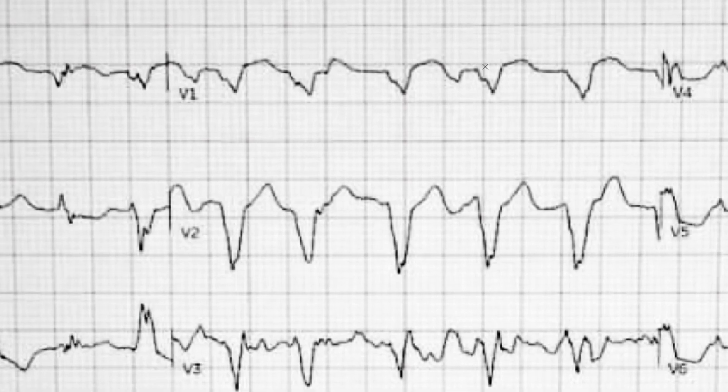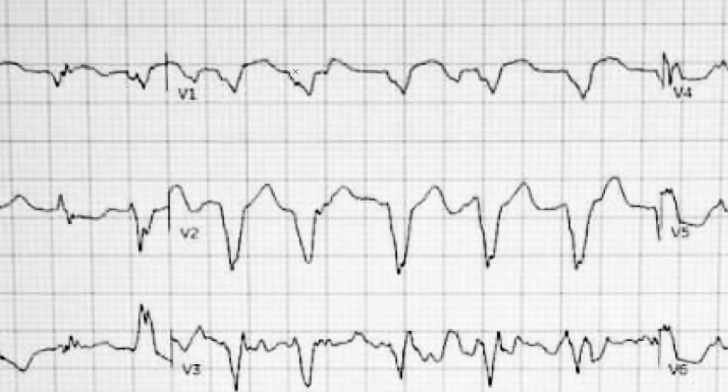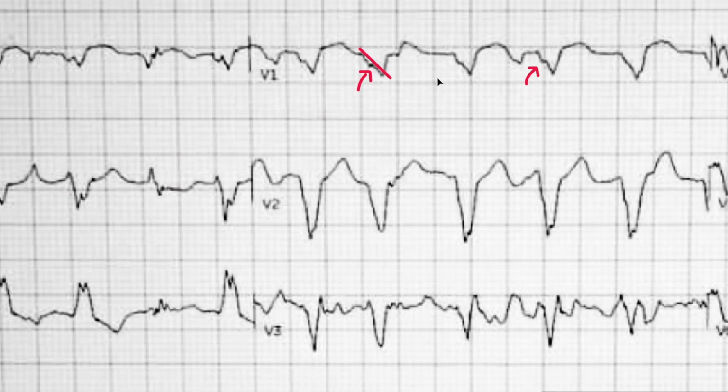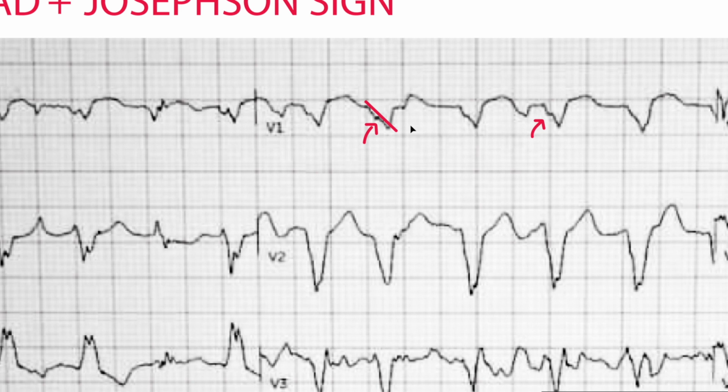See this notching here? See this little notch as this deflection is happening? So it's not a straight line, there's a little protrusion. That little notch is called the Josephson sign. And finding that sign in leads V1 or V2 highly favors the diagnosis of ventricular tachycardia.